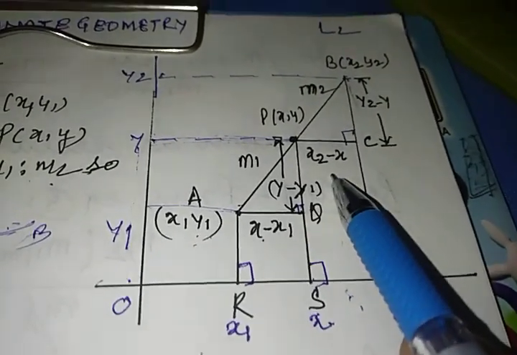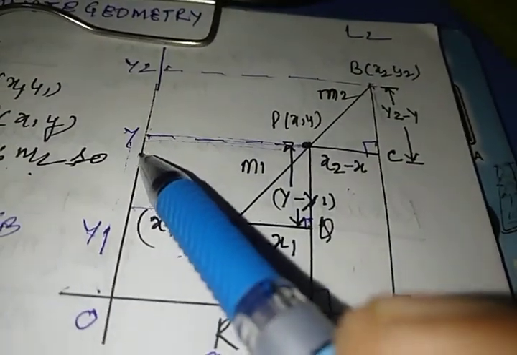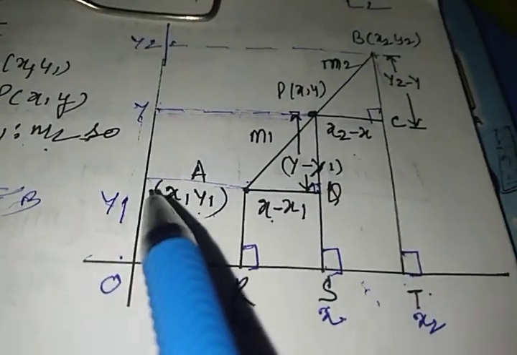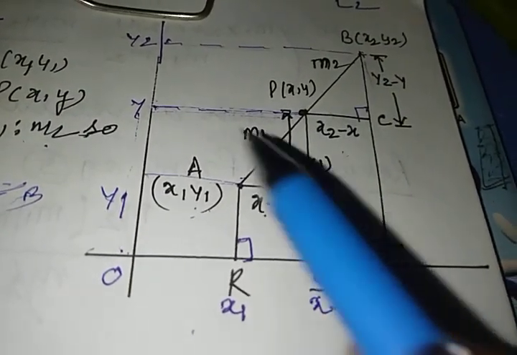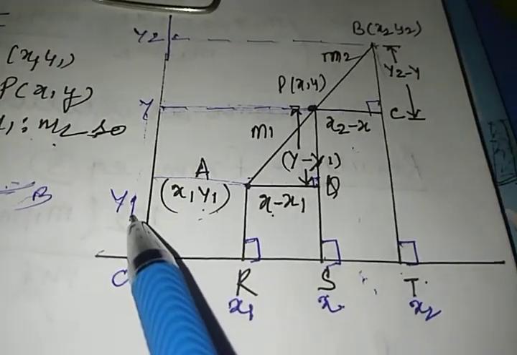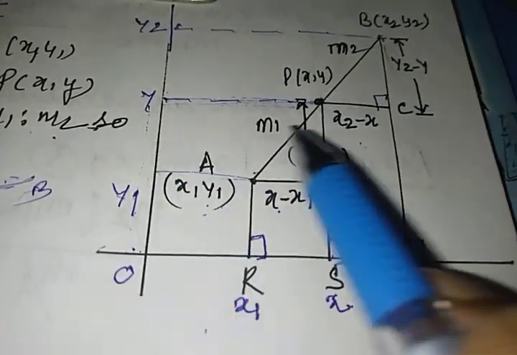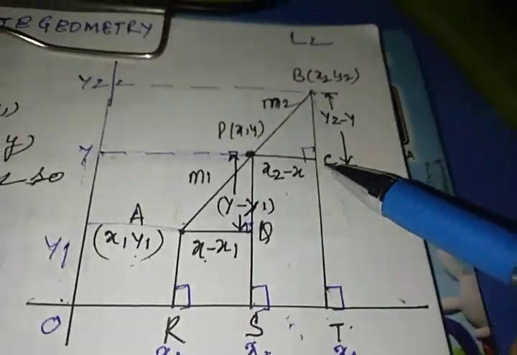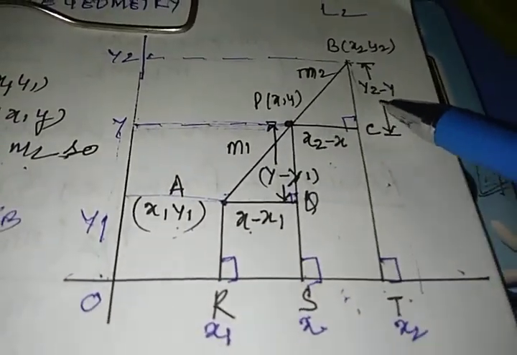Now come here, this total distance is y, and this small distance is y1, so PQ will be y minus y1. Similarly, the whole distance from here to here is y2, and this distance is y, so this will be y2 minus y.